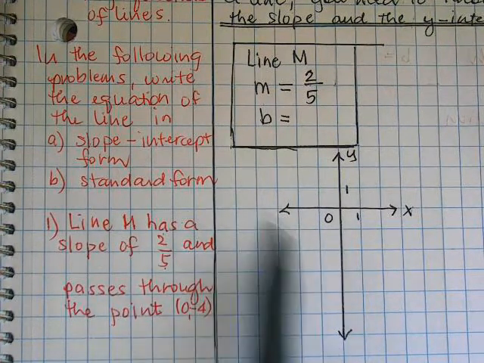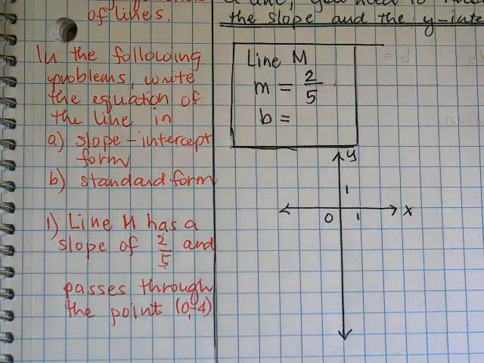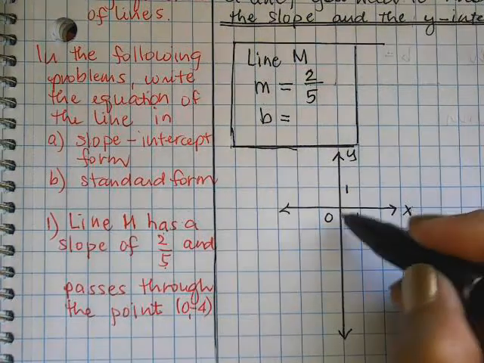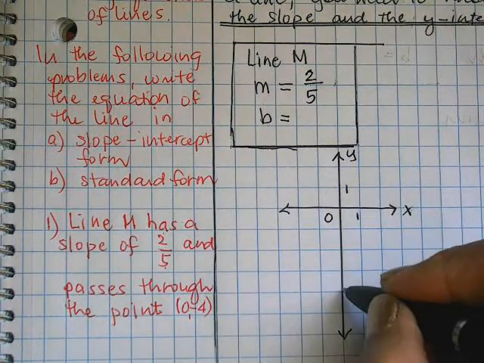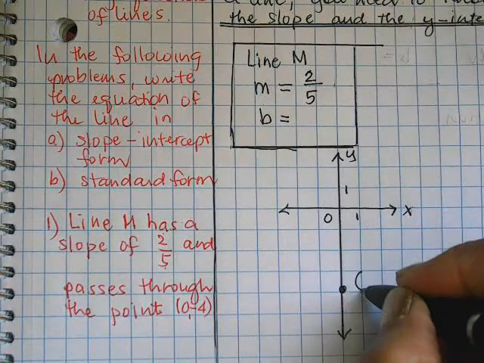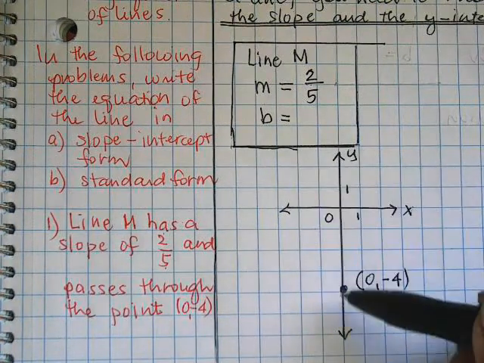Now we're not supposed to graph this. You're supposed to solve this using algebraic steps, but just to help you visualize, if the line passes through (0, -4), that point is here, and that is on the y-axis.